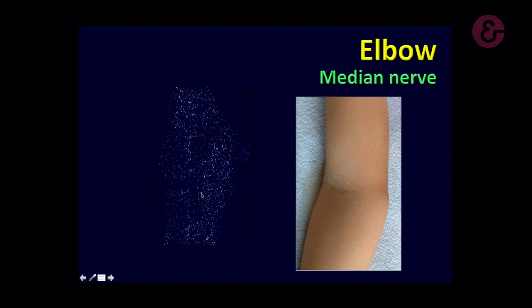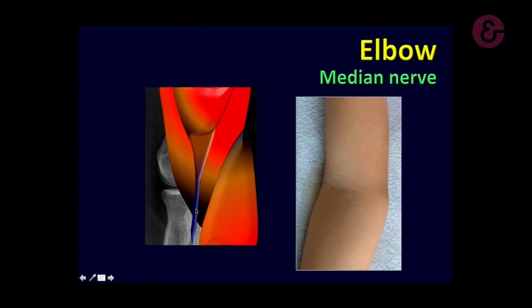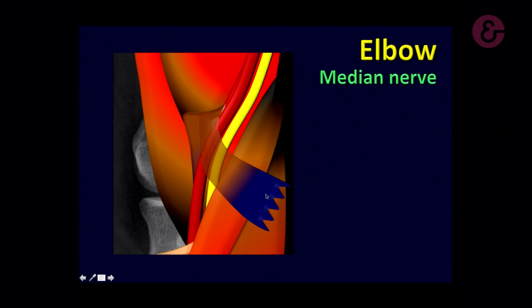Going to the elbow, the anatomy: brachialis anterior, once again the medial muscle, biceps, the tendon, the lacertus fibrosus, the expansion of the distal tendon of the biceps, the artery, and the median nerve. So the compression of the median nerve can be at different levels at the elbow.